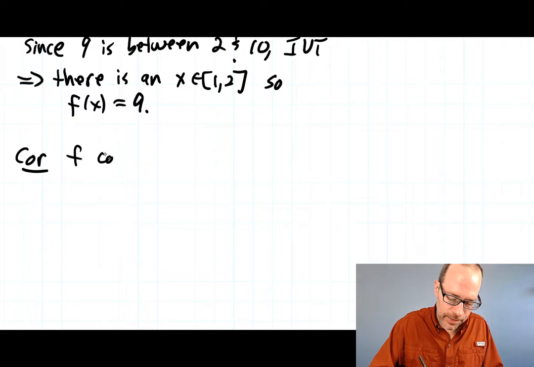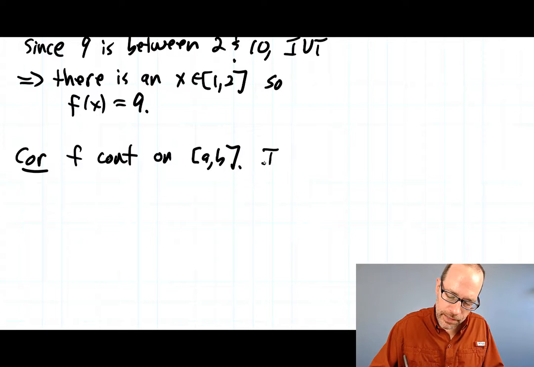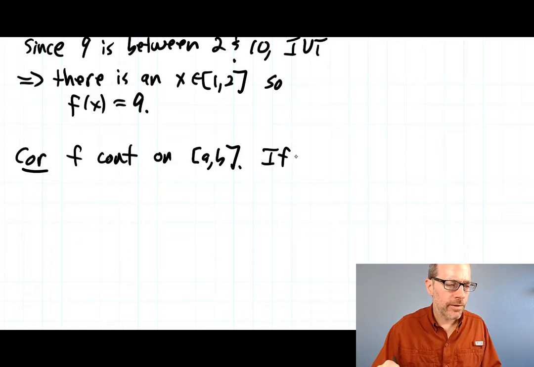Again, you have to have f being continuous on a and b. If, how did I phrase this?